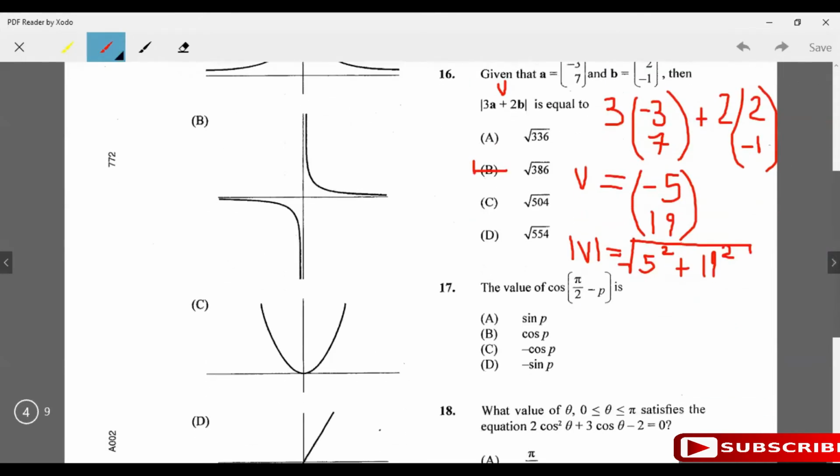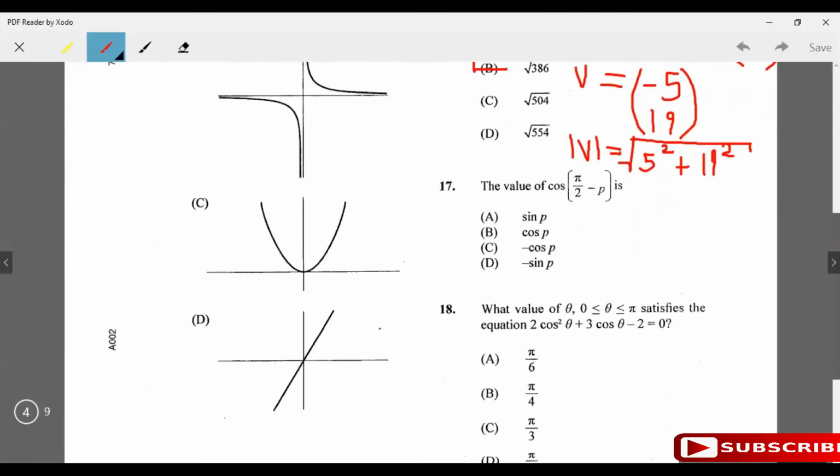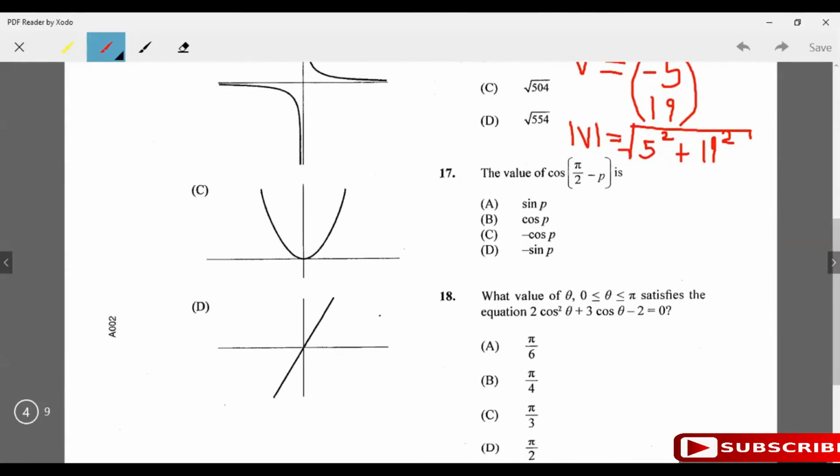Let's have a look at question 17. It says find the value of cosine of pi by 2 minus p.